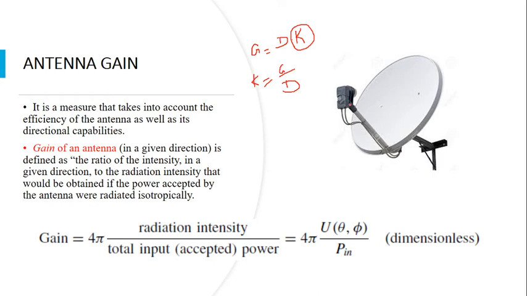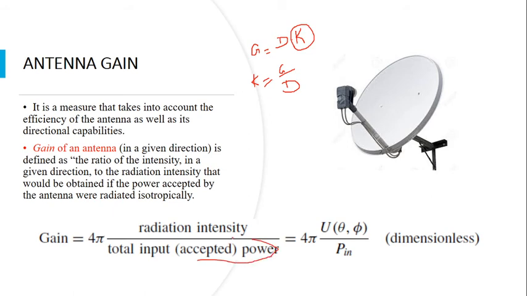And we all know that gain is nothing but the ratio of output to input. But that terminology, output to input, is true for active devices. But an antenna is not an active device, it is a passive device. So we need to reframe that, and we define it to be the radiation intensity of the given antenna to the total power that would have been radiated or accepted in case of an isotropic source.